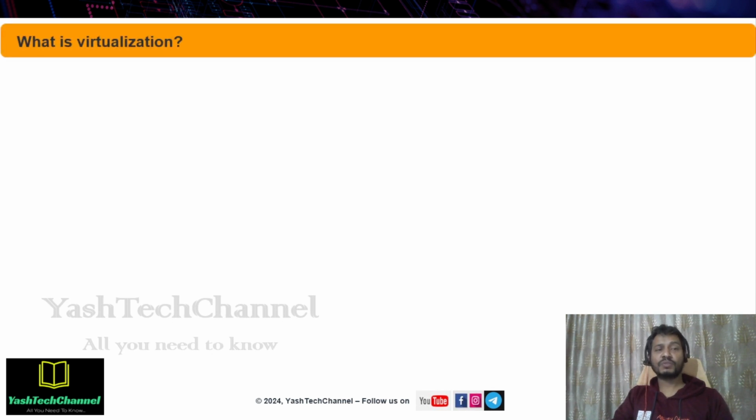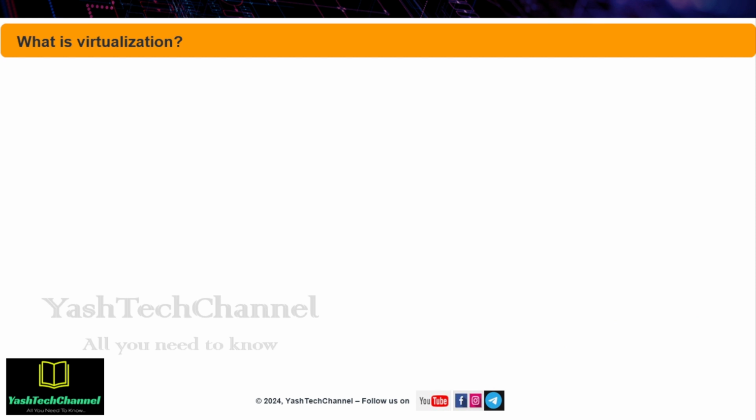So before that, what is virtualization? Virtualization is a technology that allows the creation of virtual computing resources such as operating systems, storage devices or network resources. In short, let's say your requirement is to run multiple systems or multiple guest OSs on your physical system.